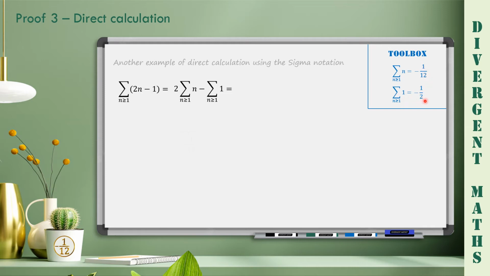So we can plug those values into the equation: negative 1/12 for the first sigma, negative 1/2 for the second sigma, and it gives us negative 1/12 times 2, which is of course negative 1/6, minus negative 1/2, which is plus 1/2, and then plus 1/2 minus 1/6 is equal to 1/3. So that gives us, in one line, the correct sum of the monotonic divergent series of odd numbers.